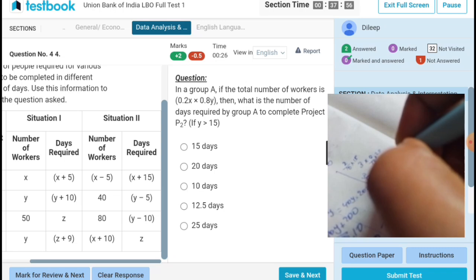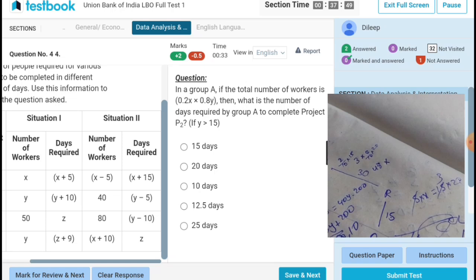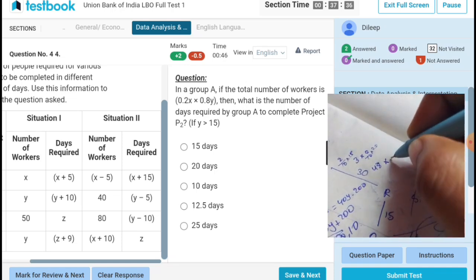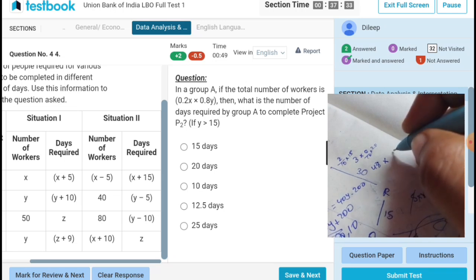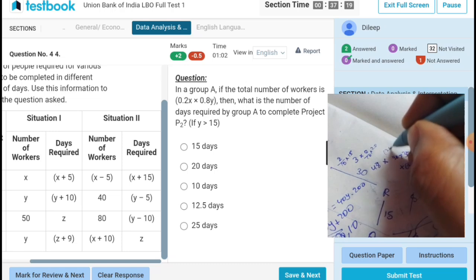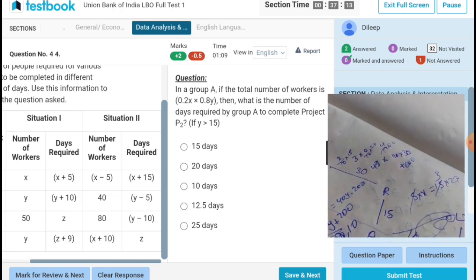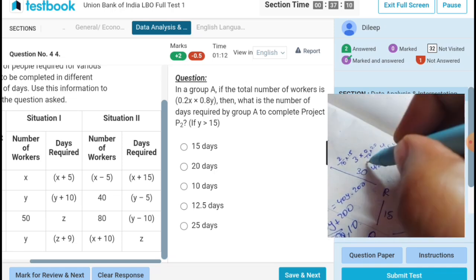What is the number of days required to A to complete the project P2? To 30 plus 600. $25 days.